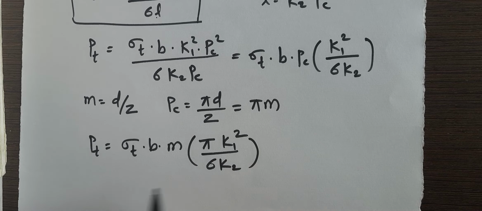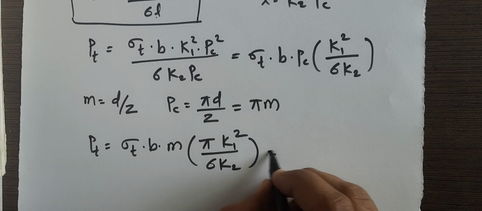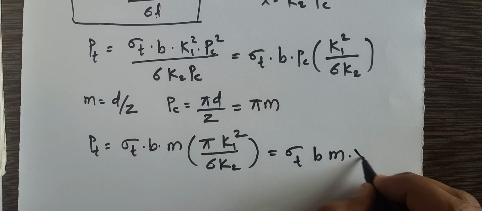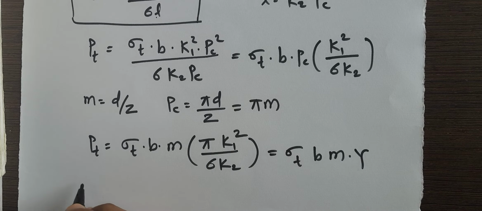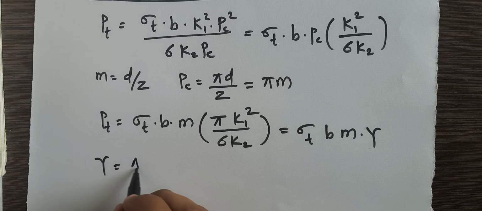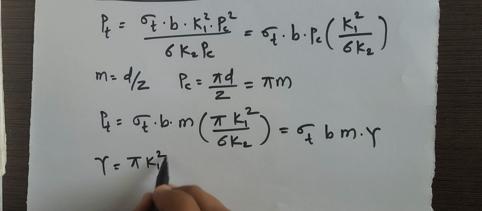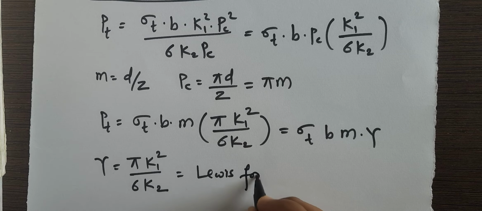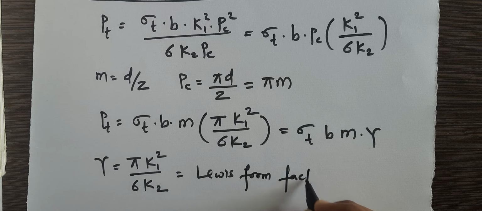And this complete constant term we will write here as sigma t b m into capital Y, where this capital Y is nothing but the Lewis form factor, and it is pi K1 square divided by 6 K2. It is called the Lewis form factor.